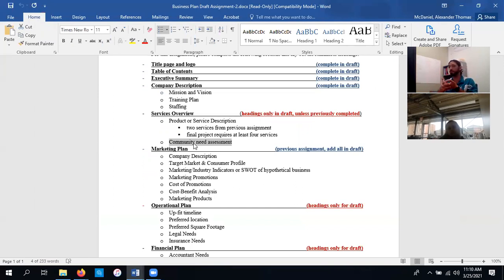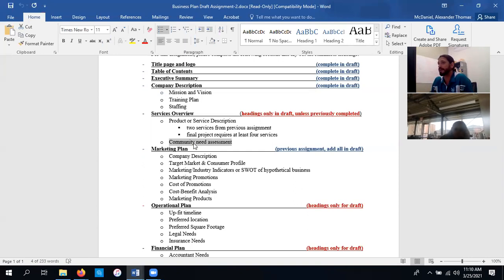You can pretty much just Google New Hanover County census data and socioeconomic status data, and it literally pops up. You can even find maps that pop up where the majority of people live in town that are low socioeconomic status versus middle upper, and then versus upper. So you'll want that in your community needs assessment.